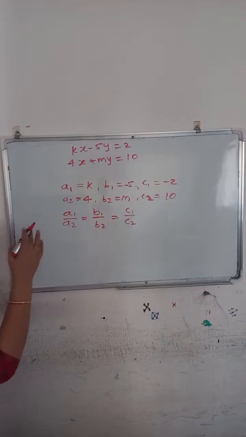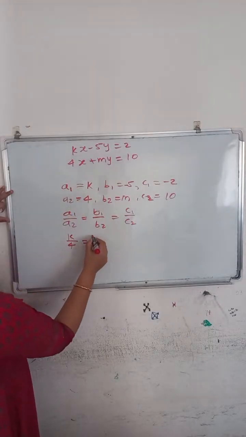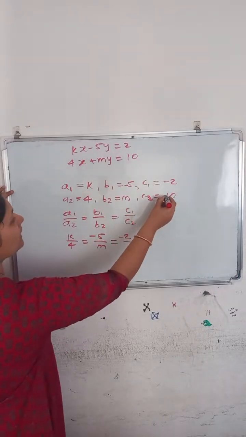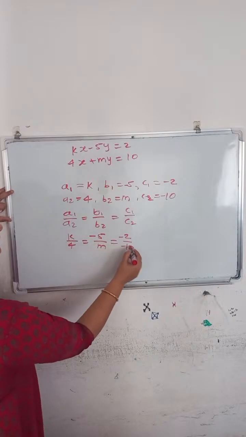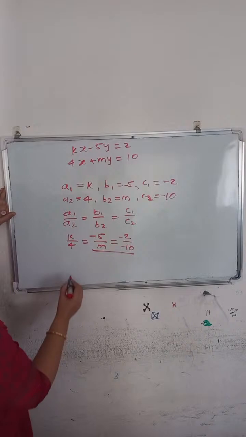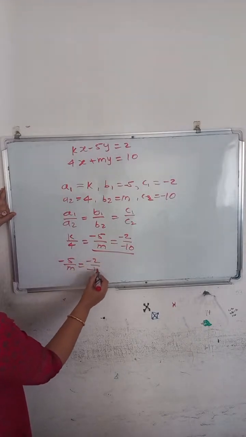Okay, so here A1 by A2 is nothing but k by 4, and B1 by B2 is minus 5 by m, which is equal to C1 by C2, minus 2 by 10. What I will do, I will take these two first. So I write minus 5 by m is equal to minus 2 by minus 10.